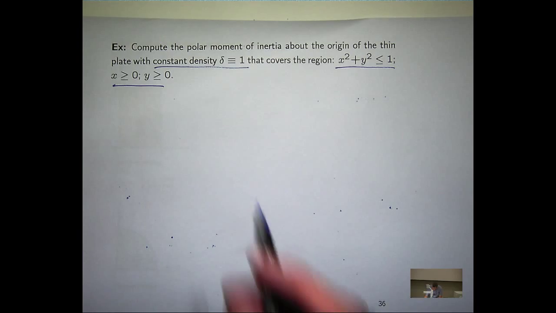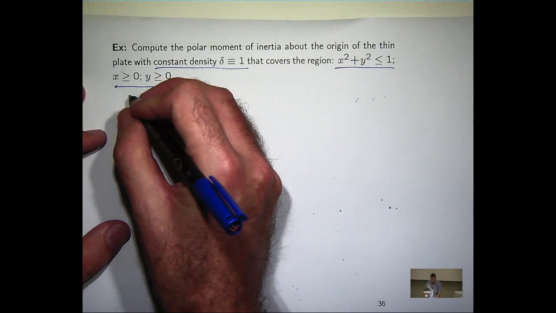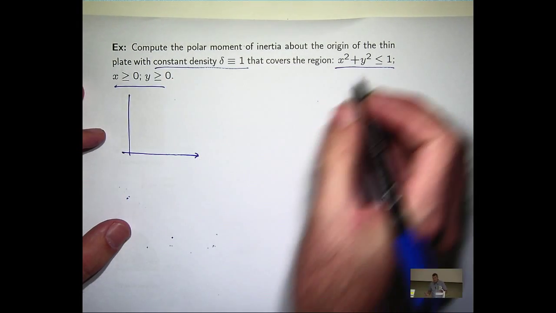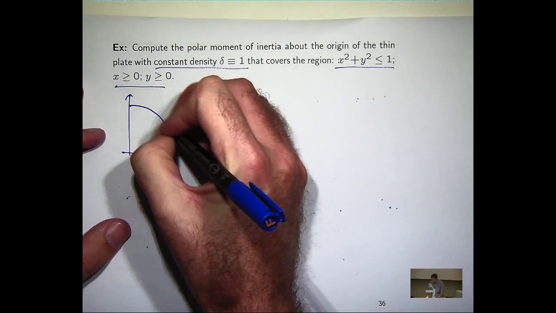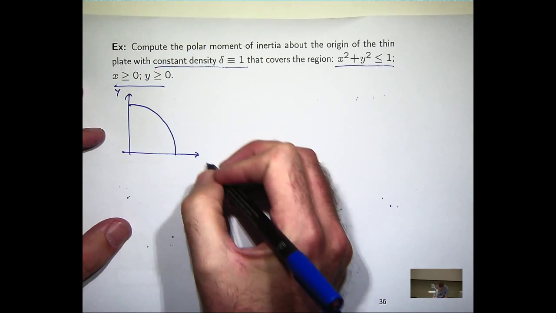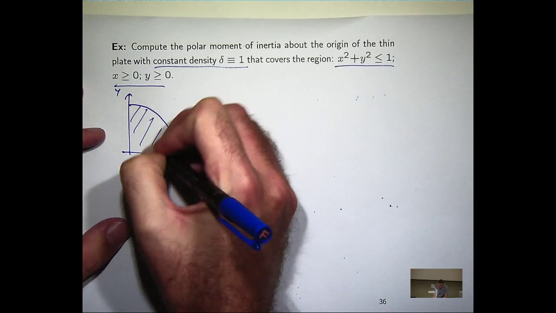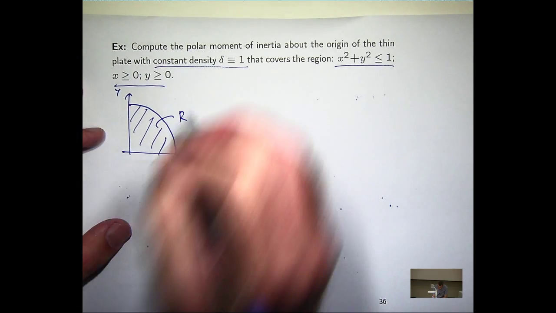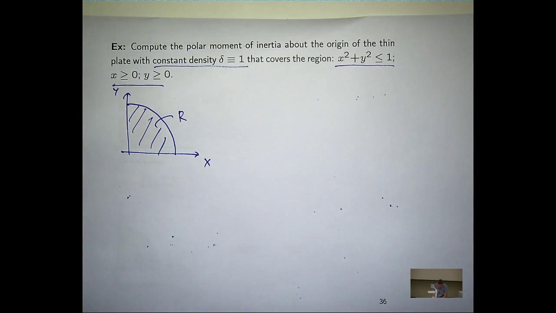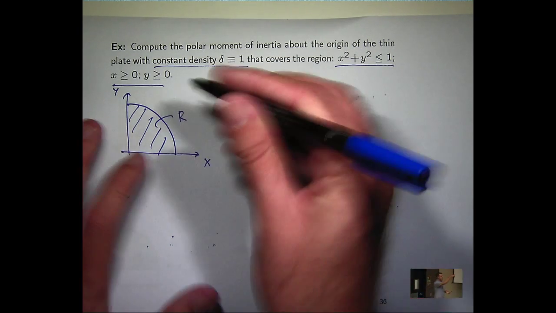Okay, so let's draw our region. It's the unit disk, but just in the first quadrant. So let's call that R. So that's where our plate is located. The polar moment, so let's just put this into polars.